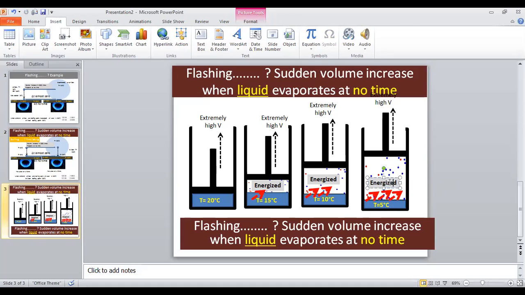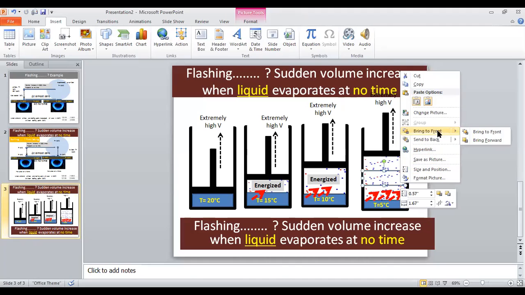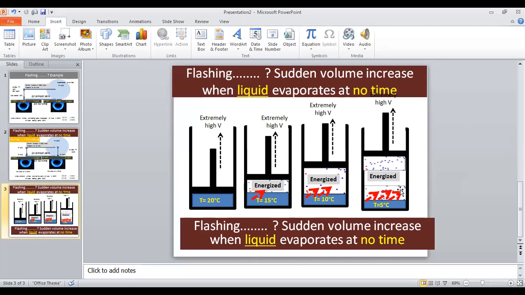Energized. I think the best is to have it this way. Yes, like this. Can you imagine this?